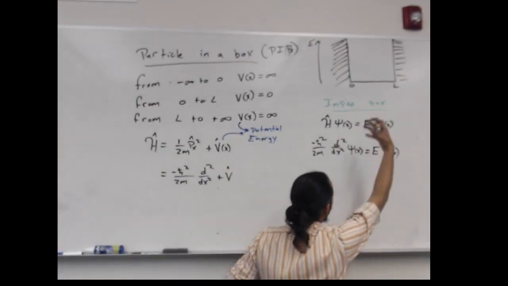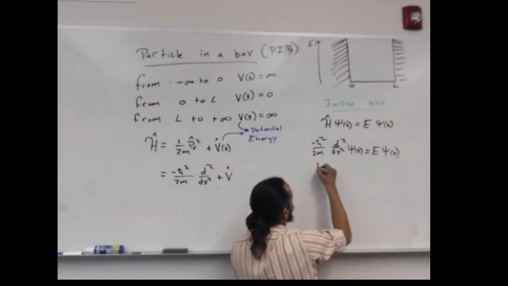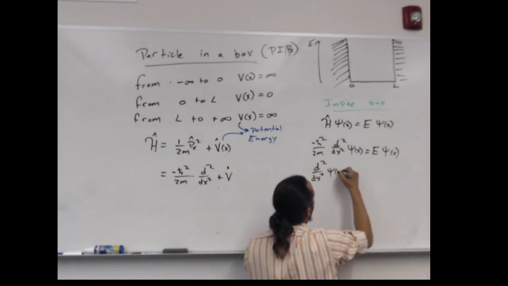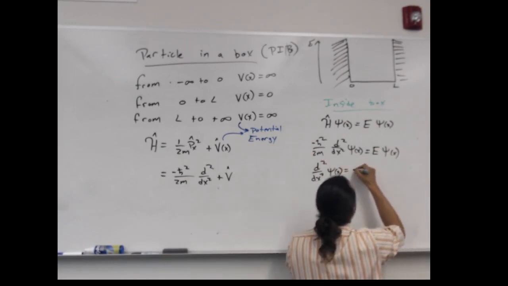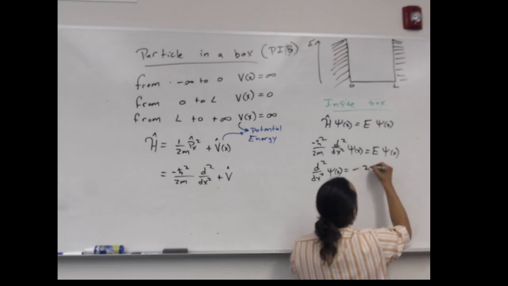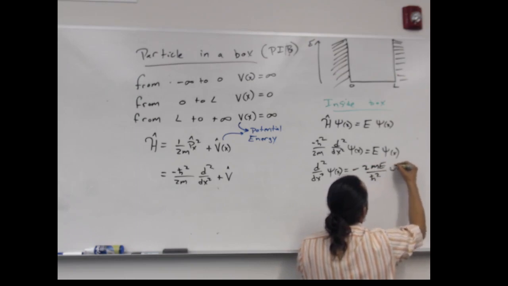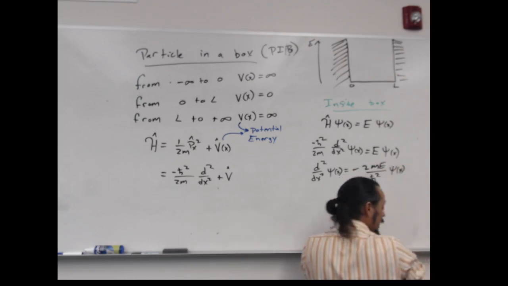I'm going to rearrange this again the same way I did the other one. d by dx squared psi of x is equal to negative 2mE on h bar squared psi of x.